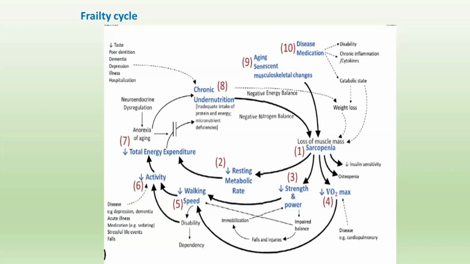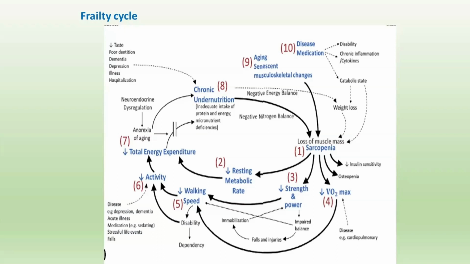And other things, the diseases in old age, like depression, dementia, acute illnesses, sedating medications, stressful lives, all these factors also contribute to reduced activity and reduced total energy expenditure.